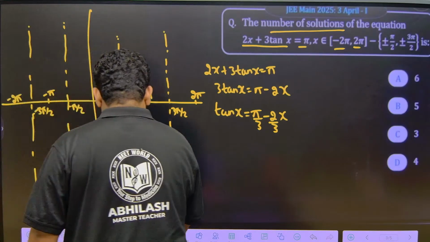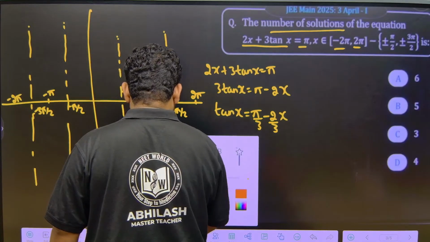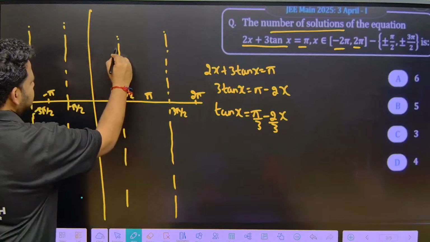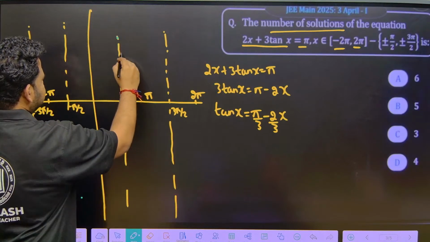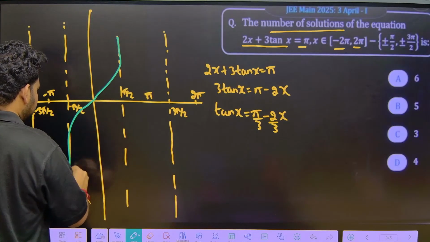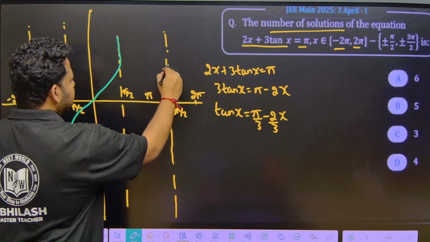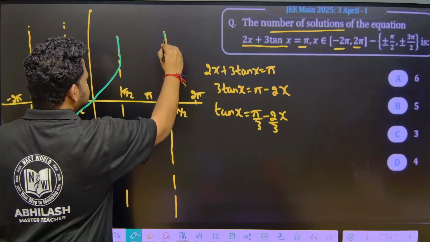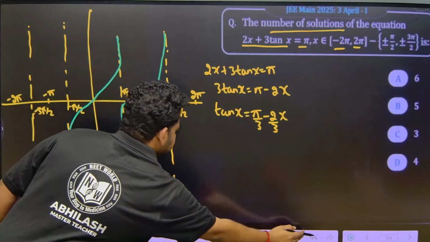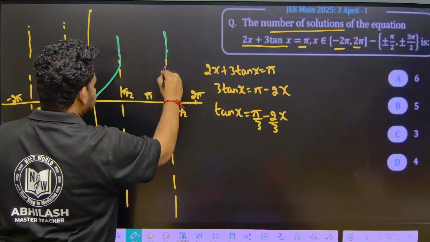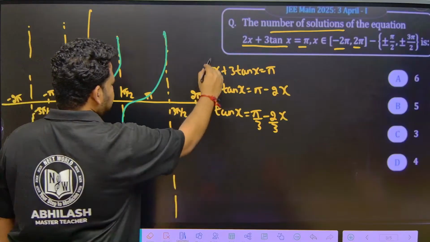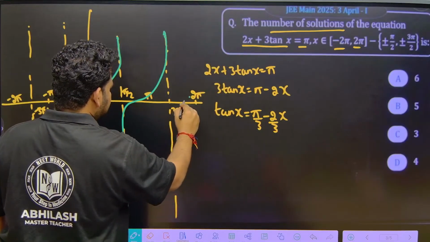Now let us complete the tan curve. How will this be? This will be like this. Here it will start here, it will come like this. Again it will start here, it will come like this. It will start here, it will come like this. Now again it will start here and it will come here like this.